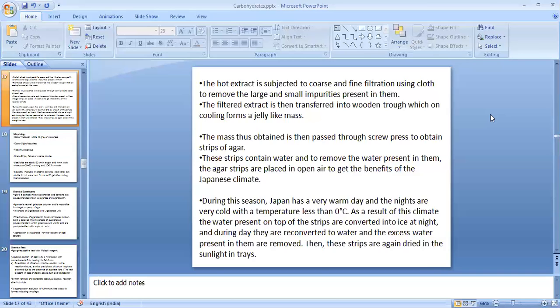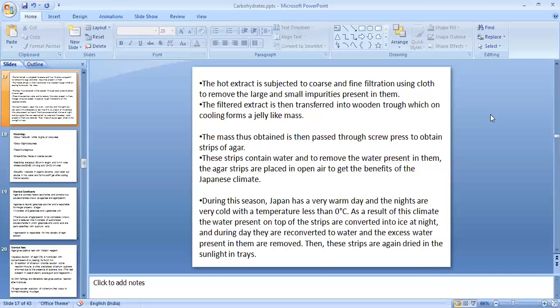These strips contain water, and to remove the water present in them, the agar strips are placed in the open air. Here the Japanese climate benefits the drying of agar, that is, a freezing and thawing effect is brought about with the help of the Japanese climate.